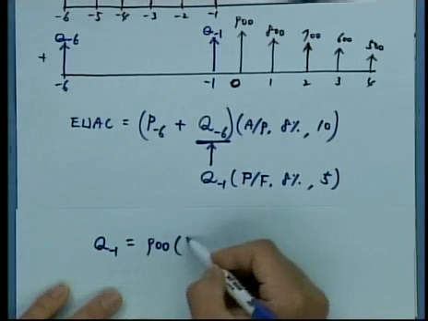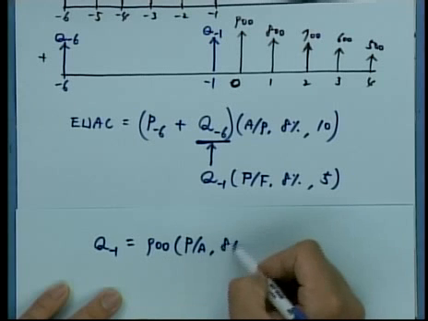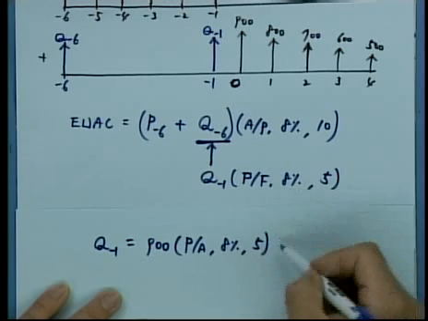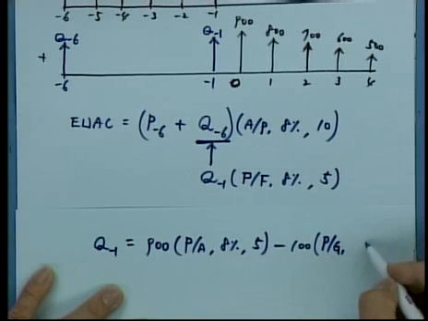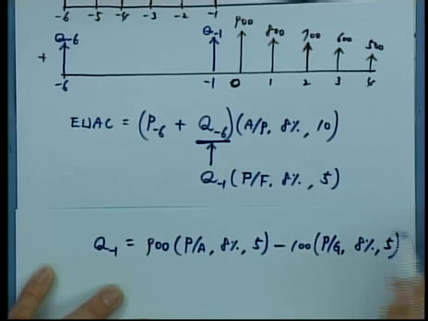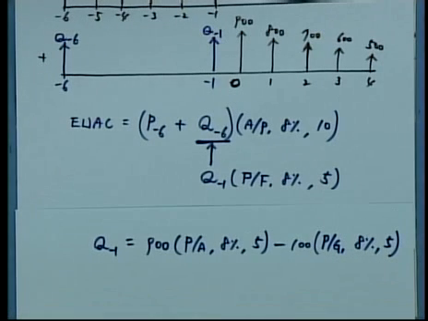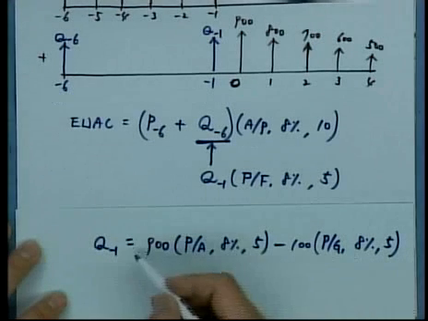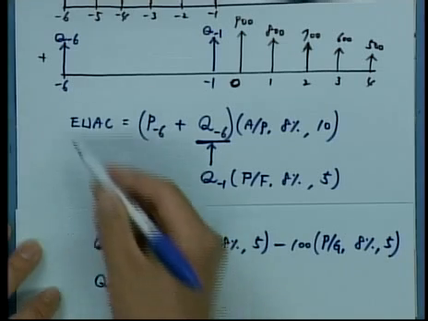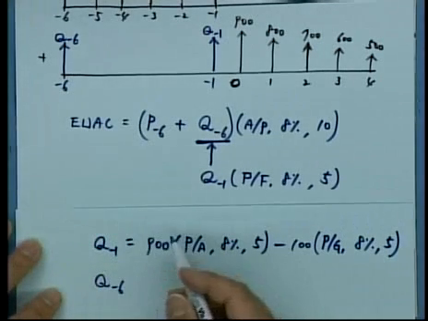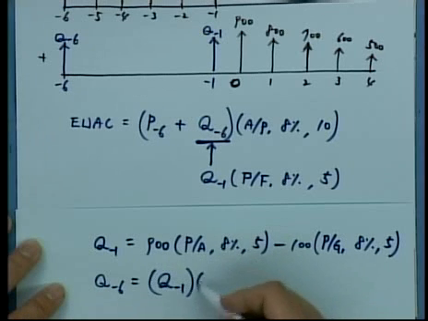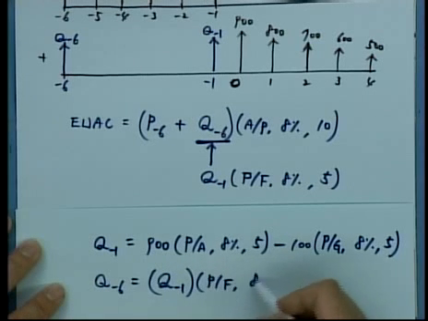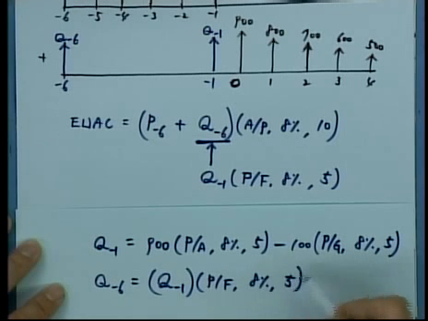So 900 times P given A, 8% over 5 periods, minus 100 times P given G, 8% over 5 periods. Okay. So once you get Q sub negative 1, you can get Q sub negative 6, which is Q sub negative 1 times P given F, 8% over 5 periods.